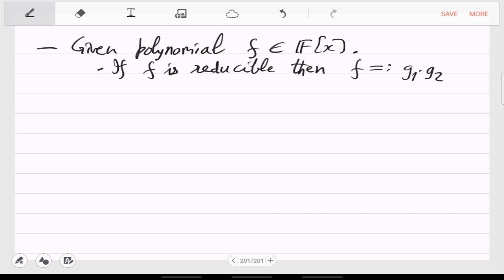So find a factor, both are non-trivial factors. They will exist. If F is irreducible, then you stop, there is no need for further factorization. But if F is reducible, then you can factor it, and then you can move to the factors. So if Gi is reducible, then factor further.